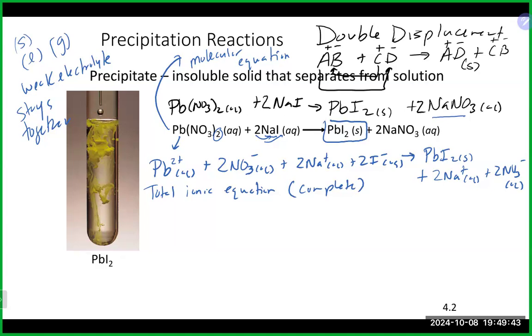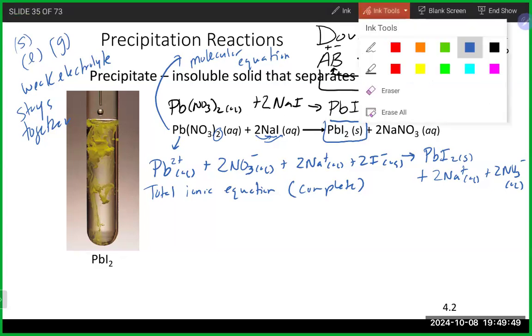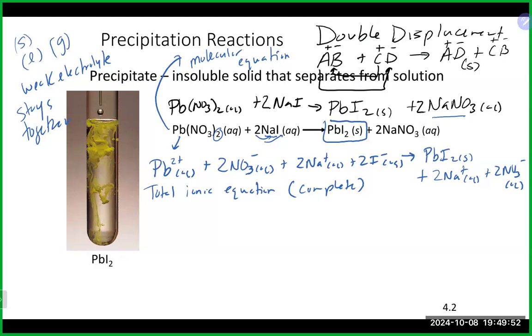When you look at the total ionic equation, you should be able to find on the left-hand side of the arrow and the right-hand side of the arrow ions that look exactly the same. And in this case, that looks like nitrate here. And this is nitrate. They look exactly the same. What else looks exactly the same? Sodium, right? Looks exactly the same on both sides.